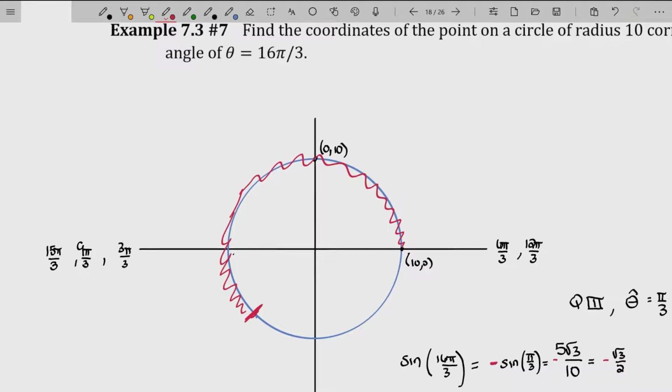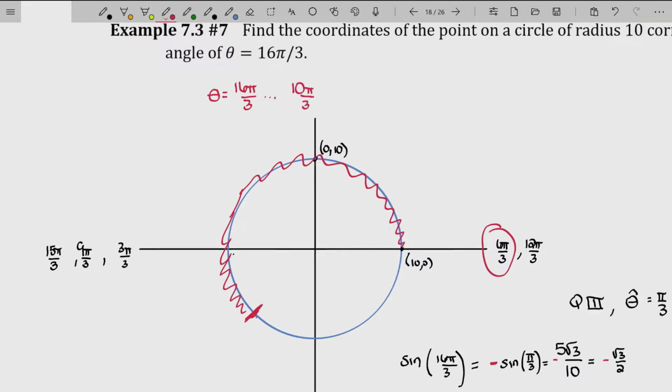So what you could do is, given an angle theta, start unwinding it by subtracting 2 pi's. And remember, 2 pi is the same thing as 6 pi over 3. So you can start stepping 16 pi over 3 down to 10 pi over 3.